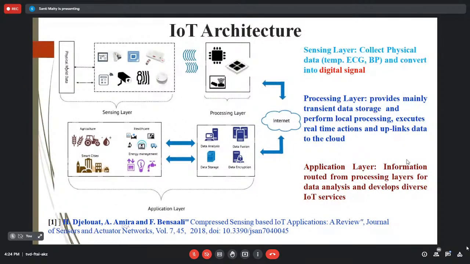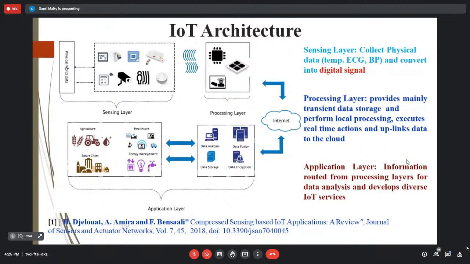So an intermediate stage of data processing, that's basically the processing layer. And finally, there is the application layer, which seems to be hosted in the cloud, where it is expected that it has enormous computation facility and others. So the application layer is hosted with cloud, and there are computing facilities.